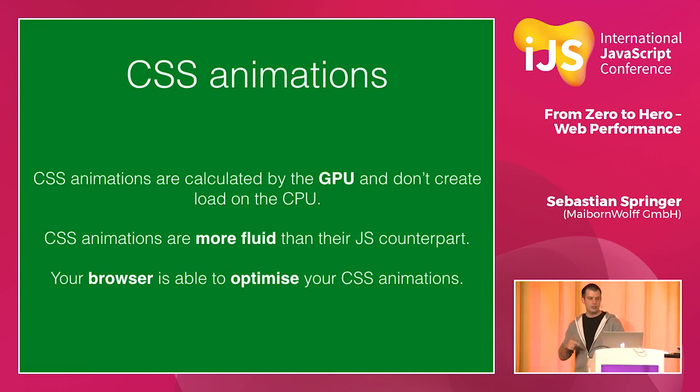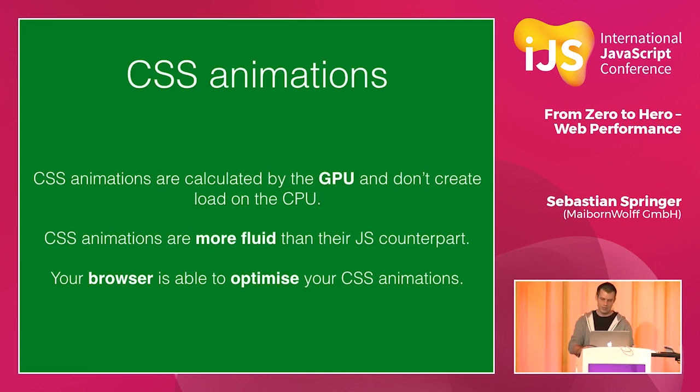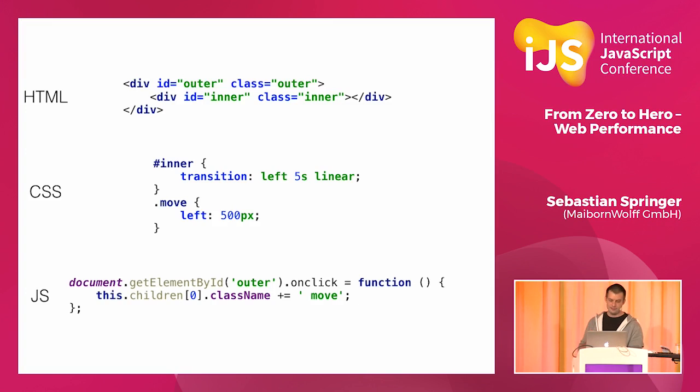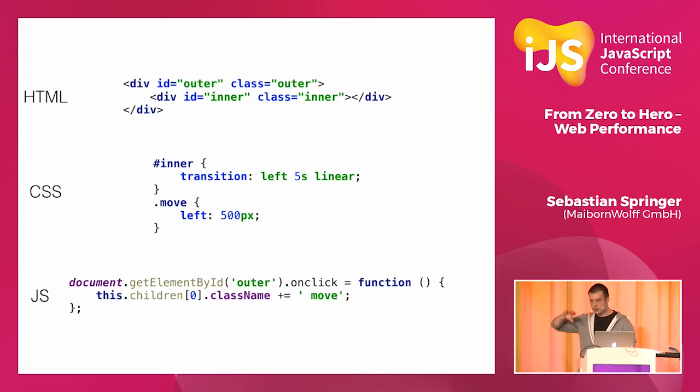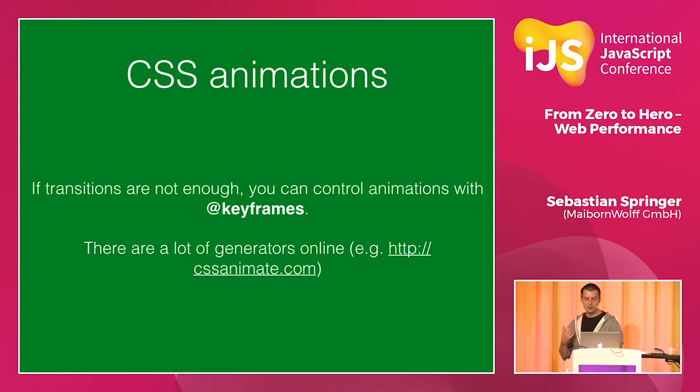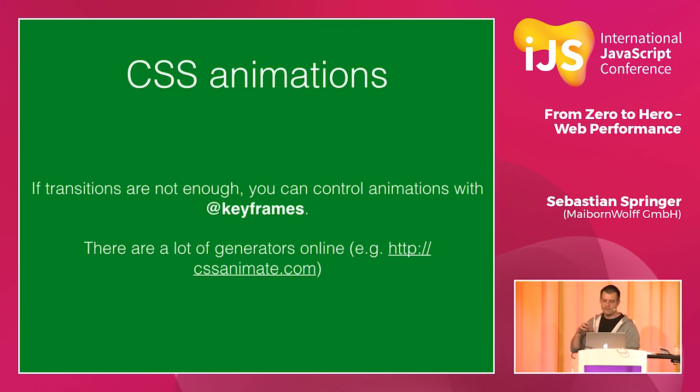CSS animations run on the GPU, are fluid, and your browser is able to optimize them. And if that's not enough, then just don't use transitions, which animate properties in a nice kind of way, but use keyframe animations, which provide you a very good way of controlling animations.